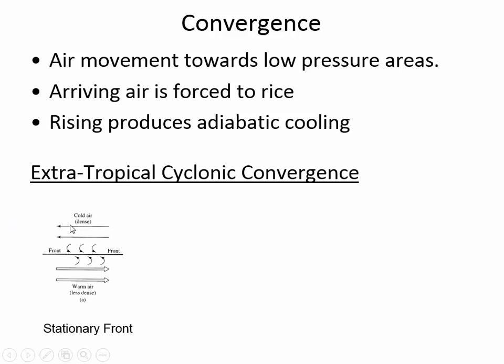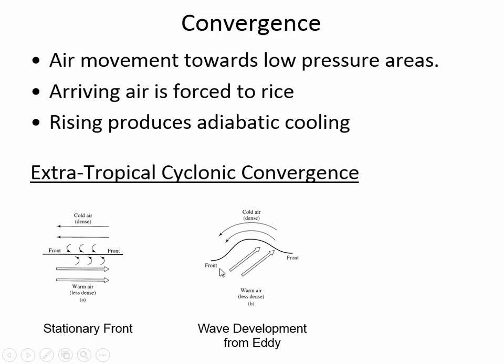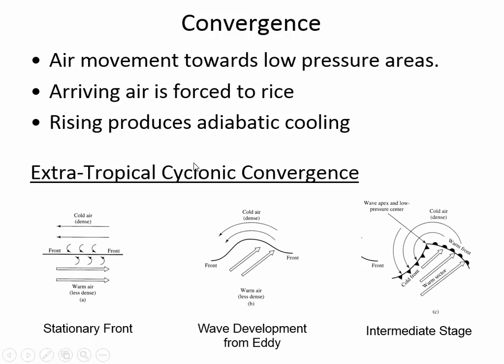When you have cold air, which is dense, and warm air, which is less dense, moving past each other, there is some friction at the front, and that will grow, and a wave will form until eventually the warm air, which rises, is going on top of the cold air, which is more dense.